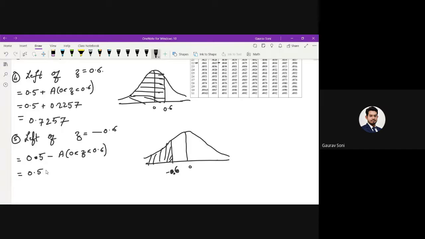So 0.5 minus 0.2257, whatever the answer is, is 0.2753.